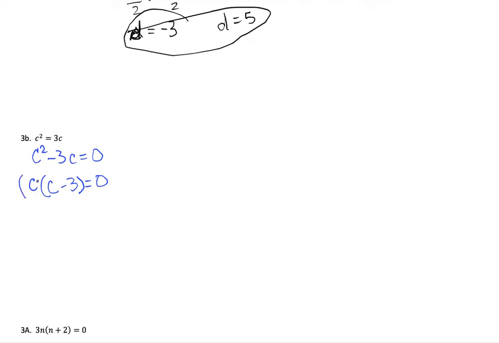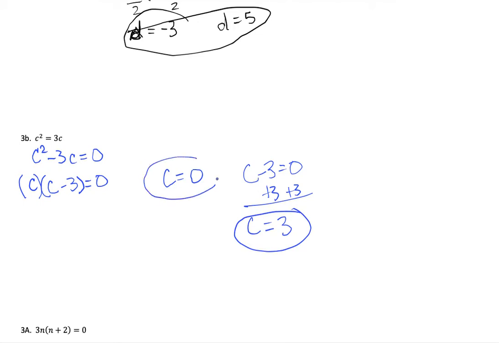Okay, so 2 factors, so we're going to have 2 answers because we're going to set each of those equal to 0. So I'm going to say c equals 0 or c minus 3 equals 0. Once I add 3 to both sides, c equals 3 is one of my answers, and c equals 0 is the other one of my answers.